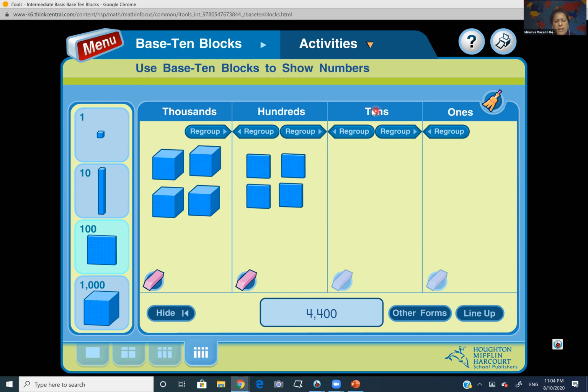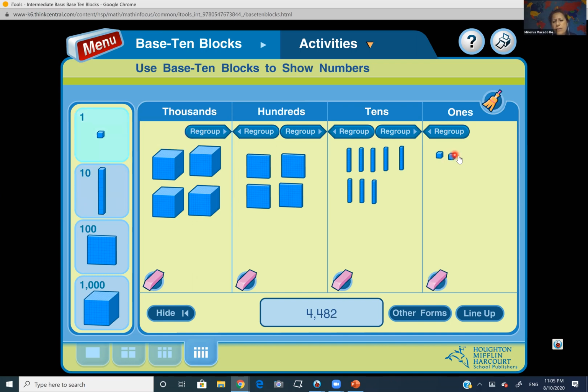Now we're going to add tens and see how the tens can change in the bottom. So we have 80. So 10, 20, 30, 40, 50, 60, 70, and 80. So now we have 4,480.